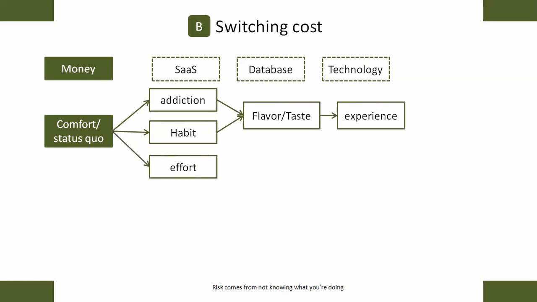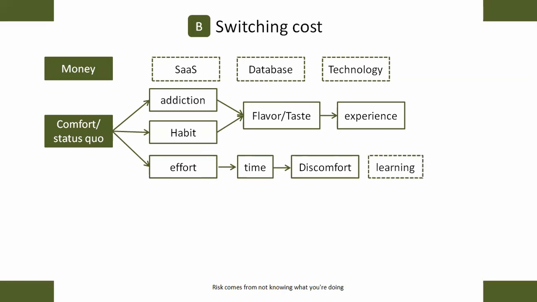The third possibility is that switching over takes effort, it requires time, and it requires you to go through discomfort. For example, you will have to learn a new app or new website when you change a bank or you change a broker, or you might have to meet and interact with new people. So comfort and status quo is again a very strong switching cost.